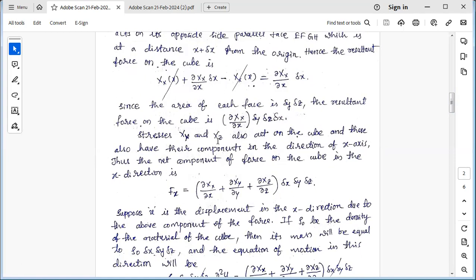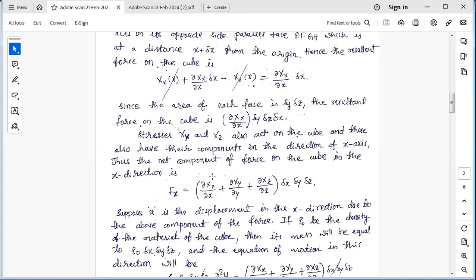Their components are xy and xz. Xy and xz are the components of the stresses which are acting along the y-axis and z-axis. Their components, these xy and xz, act along the x direction. That is the point.